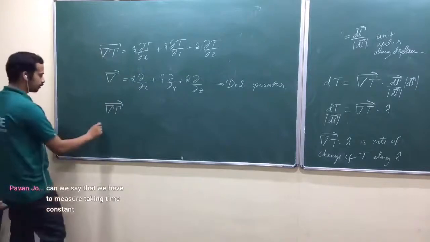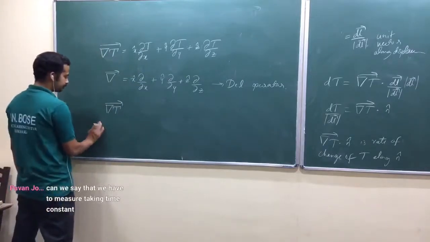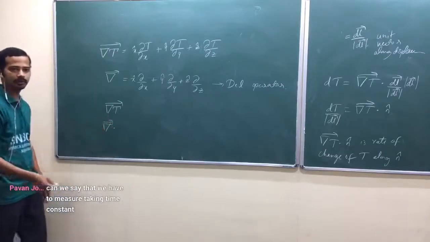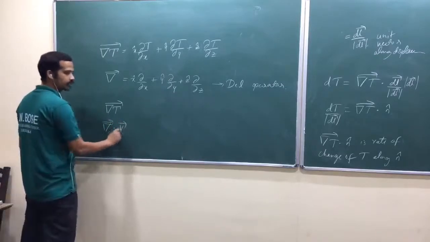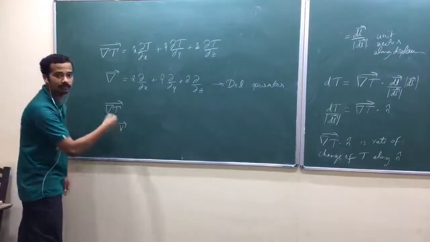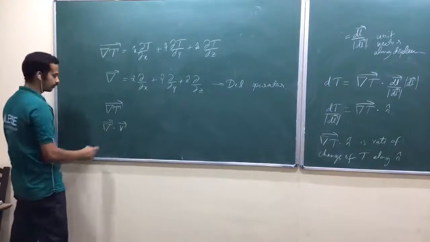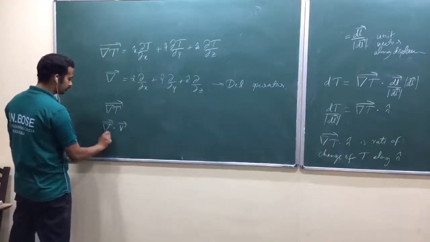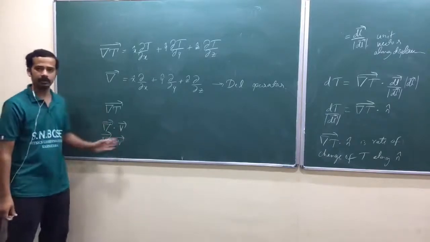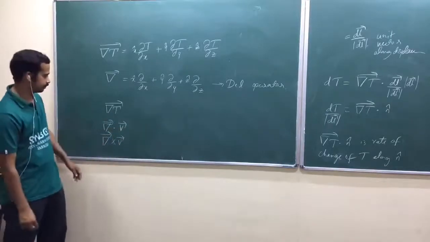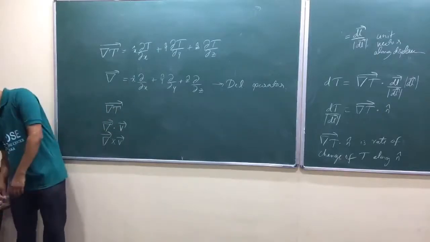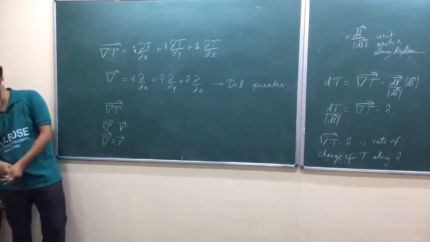Another is a kind of dot product with the del operator, which we call divergence, divergence of a vector field. One more thing you can do with the del operator is the curl of a vector field. All three have their own physical interpretation. And one more thing can happen, let me define it later.